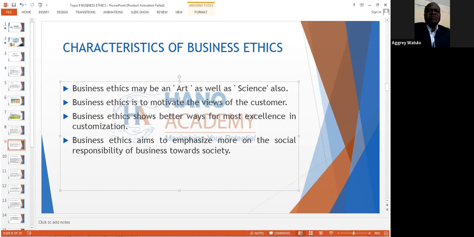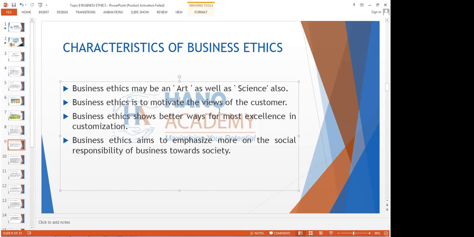Business ethics also motivates the views of the customer. What does the customer propose? Sometimes customers propose certain things in a business, so business managers need to take into consideration the views of the customer. Say, for example, customers come into the organization and say that they need this product in your shop or in the market.